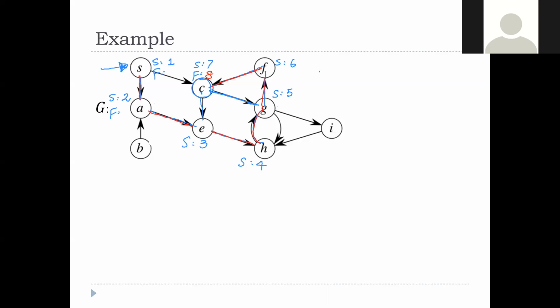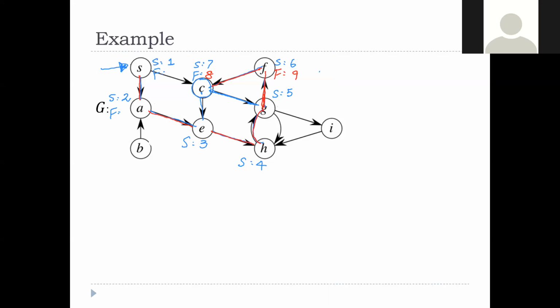At F, we look at, are there other neighbors of F? No, we don't have any other neighbors, so F is done. So at this point, F is finished, so we increment the clock and the finishing time of F is 9, okay? Then we go back to the node who discovered F, which is the function we called F.